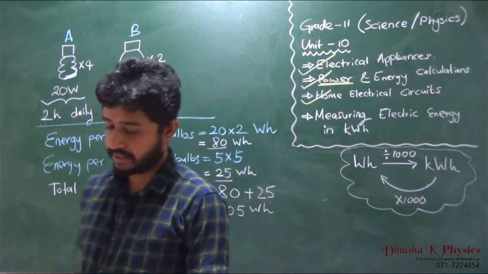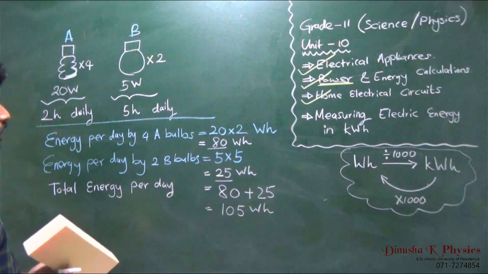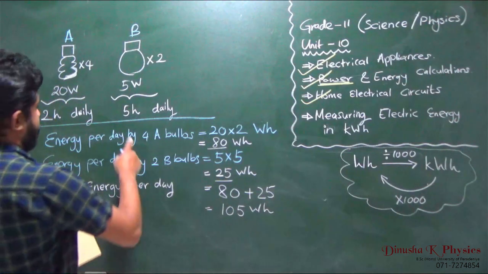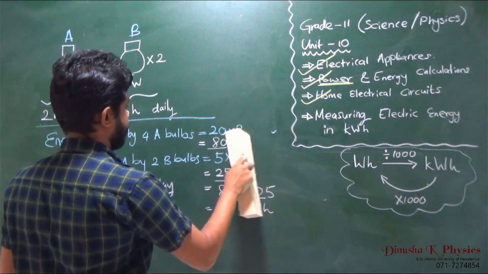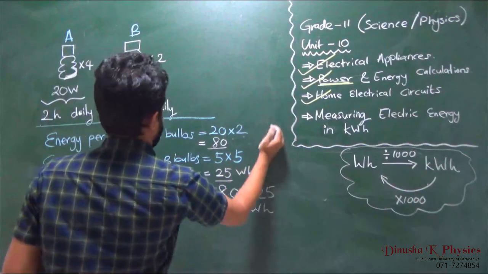Sorry, I made a mistake right here, because there are altogether 4 bulbs. So I have to multiply this by 4 also. I missed that.